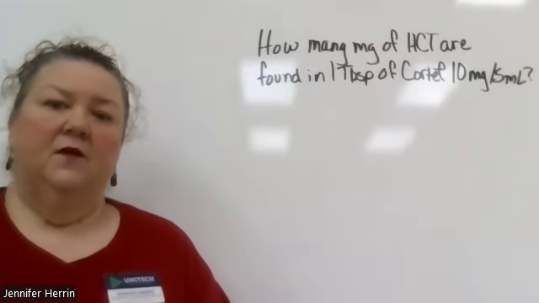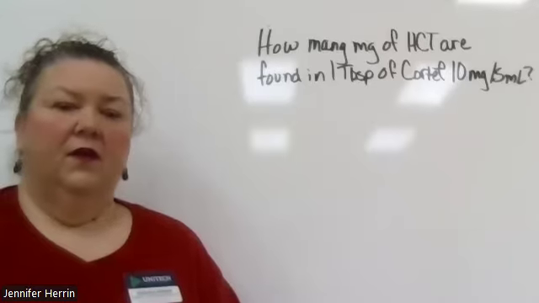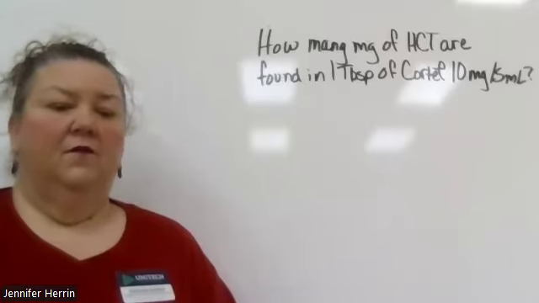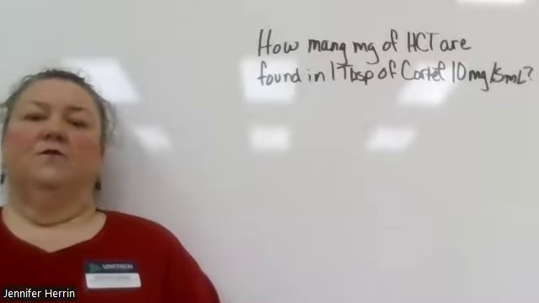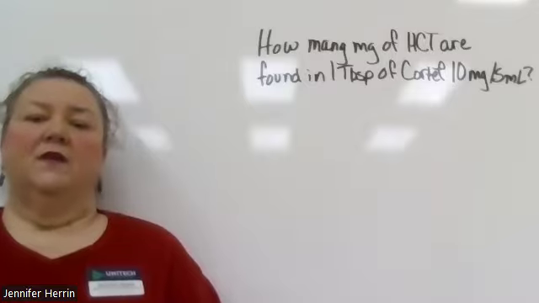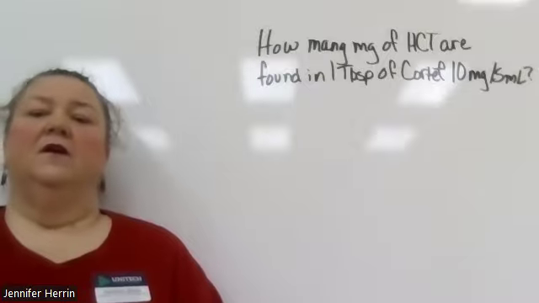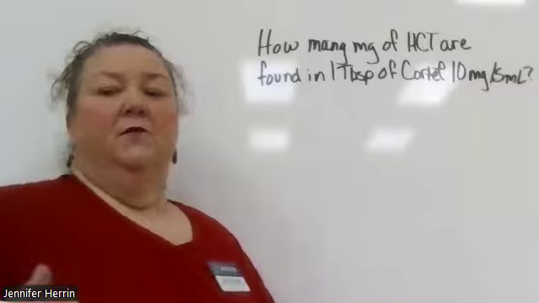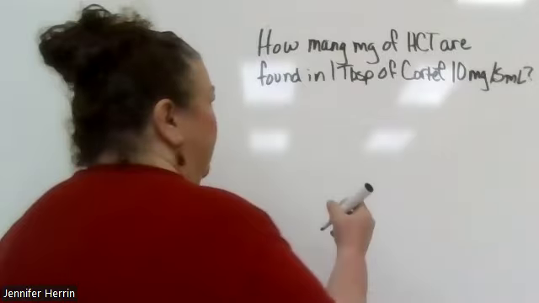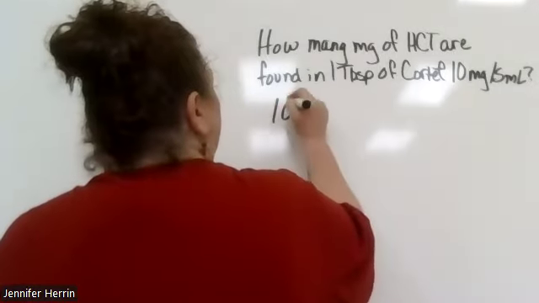Okay, and the last example I'm going to do on calculating the amount of active ingredient is how many milligrams of hydrocortisone are found in 1 tablespoon of Cortef that is stocked as 10 milligrams per 5 ml. So once again, we're going to start with what we have, the 10 milligrams per 5 ml.